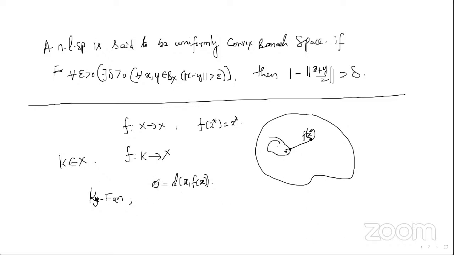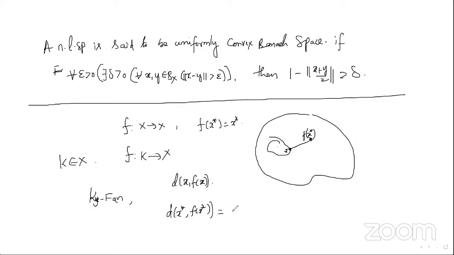Now what Ky Fan produced is, in such kind of cases, instead of looking for fixed points, we can look for points x star such that the distance from x star to f of x star is minimum in some sense. What is this minimum?